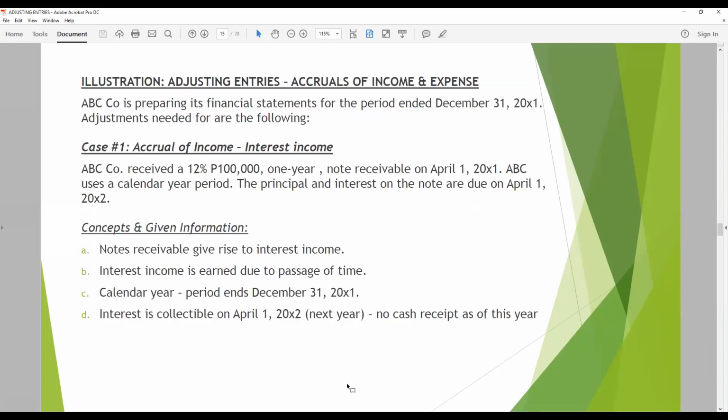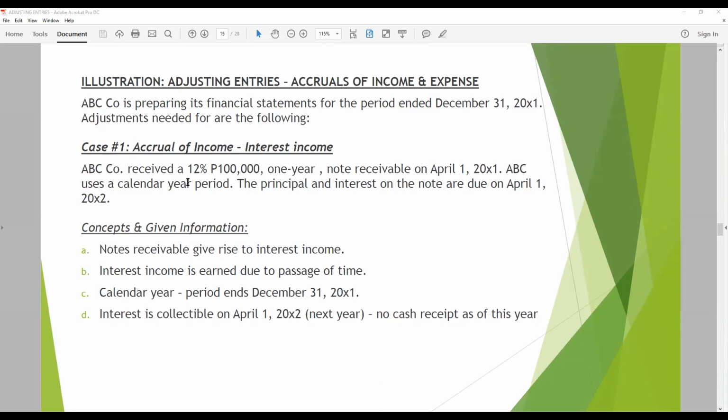So, examples tayo. Accruals of income and expense. ABC Company is preparing its financial statements for the period ended December 31. Adjustments needed are the following. Case number 1, accrual of income, interest income. ABC Company received a 12%, 100,000 one-year note receivable on April 1.